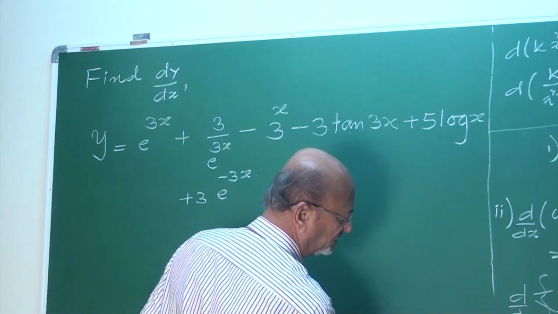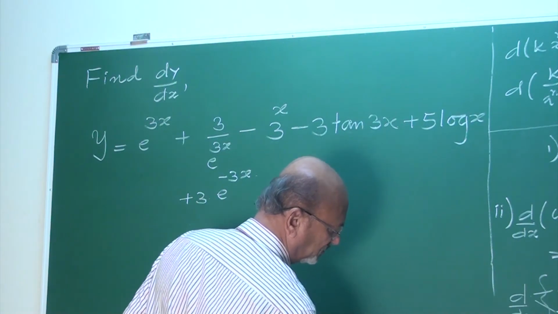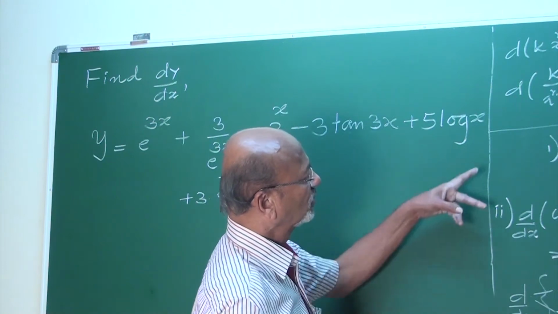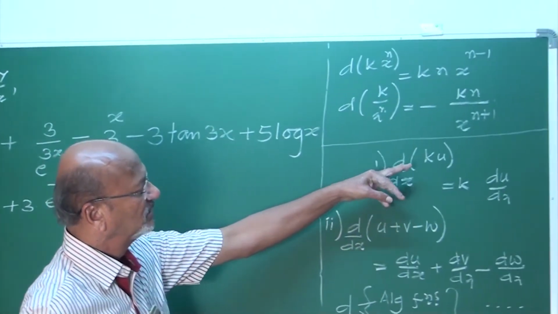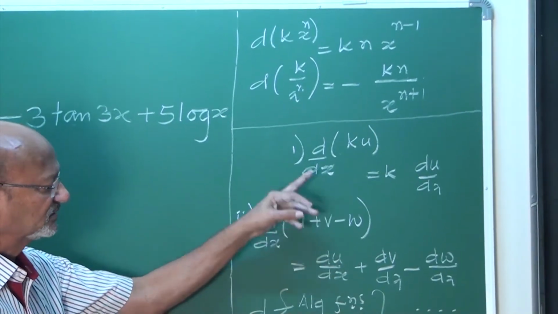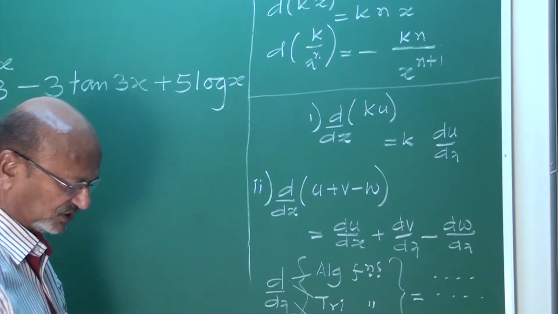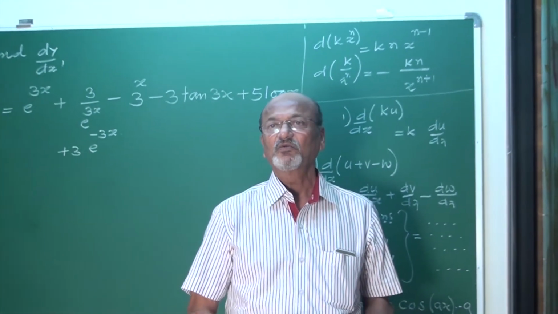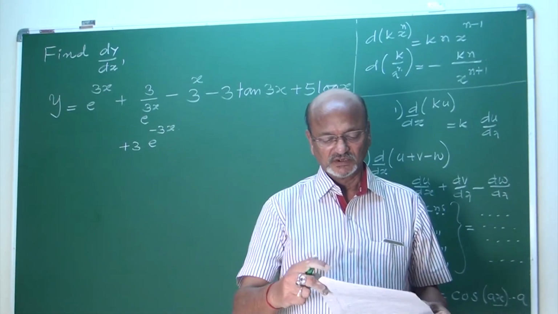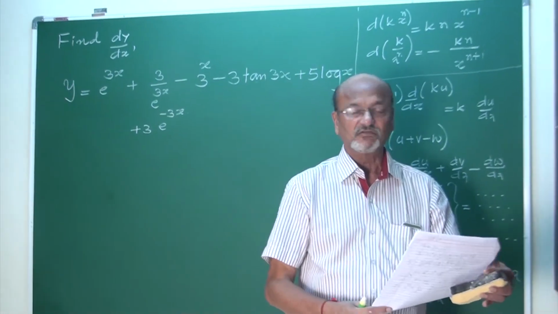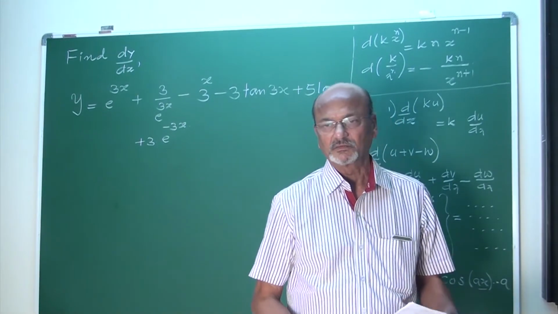Yes, my friends. These are some examples based on these two formulas: derivative of ku, and derivative of sum and difference. I have done some examples based on this. What next then? Next is done with sum and difference. Next is with product. And now some verifications I give in case of product, my friends.